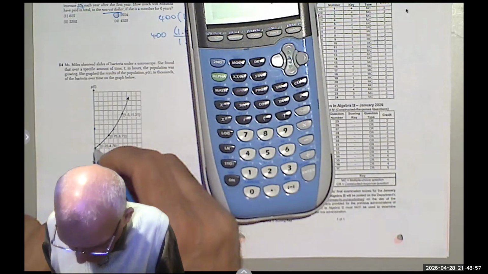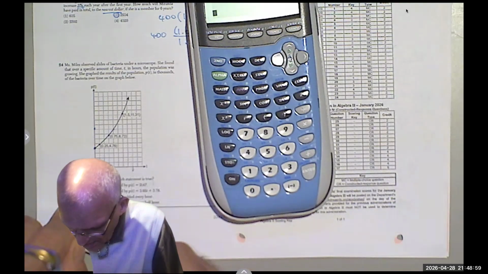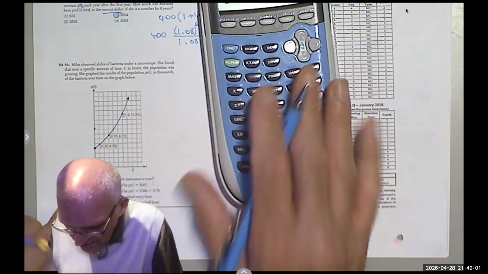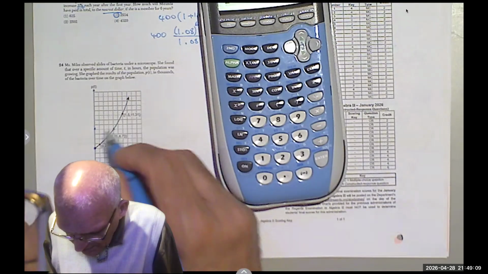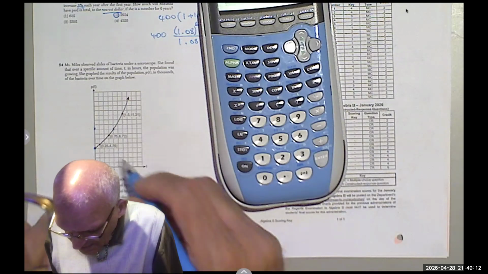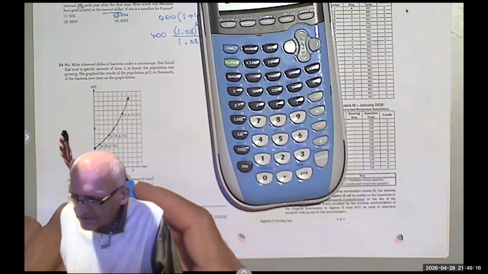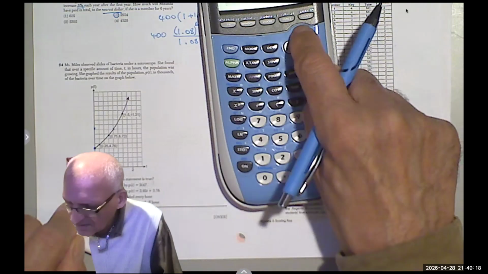So at 0 hour, it was 4. At 1 hour, it became 8. So the 4 became 8. Wait a second, didn't we do that?